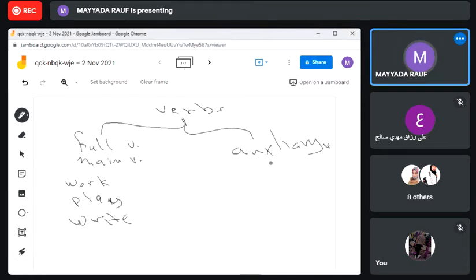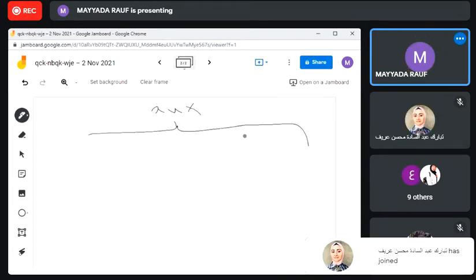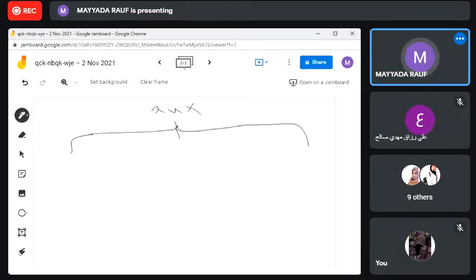Then auxiliary verbs can be divided into branches or families. Okay, so first of all, we have the do family, and we have the be family, and we have the have family.